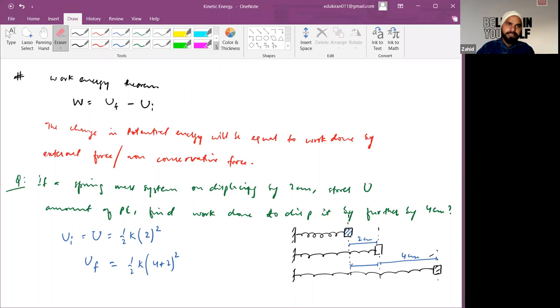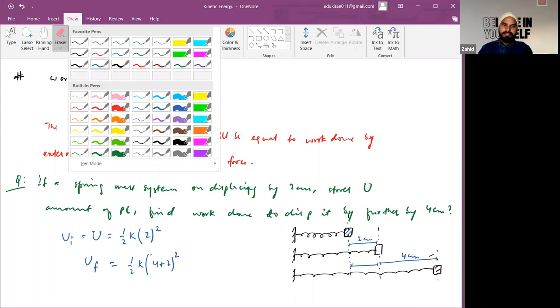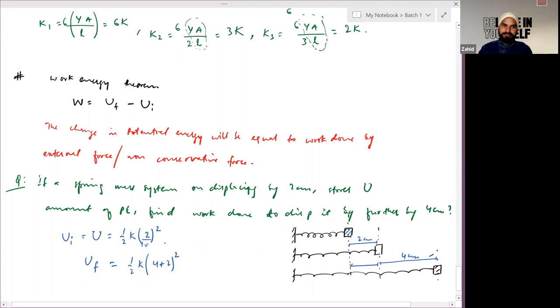Since the displacement in this case is in centimeter, just divide it by 100.